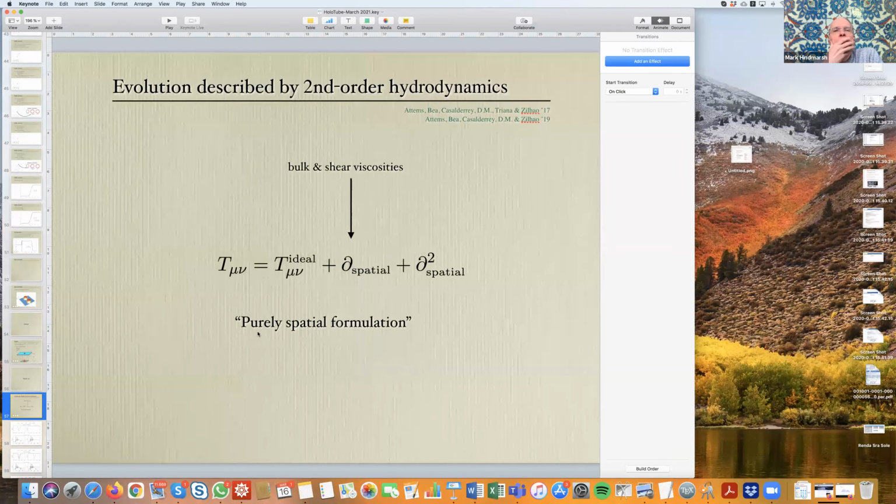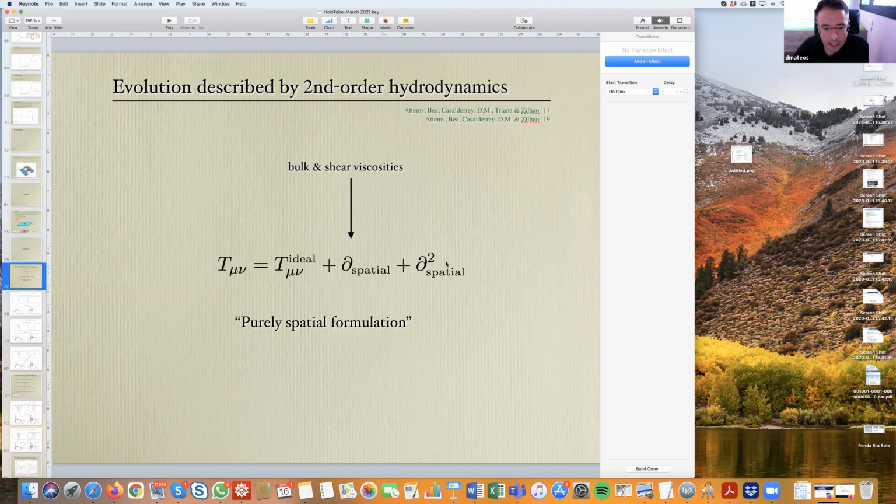Okay. So what I wanted to emphasize was the following thing. The terms that you need to include here are all the possible terms with purely spatial derivatives. So these are second order terms which are purely spatial in the fluid rest frame. Okay? If you think about it, that is actually the most natural definition. You can see my screen, right?